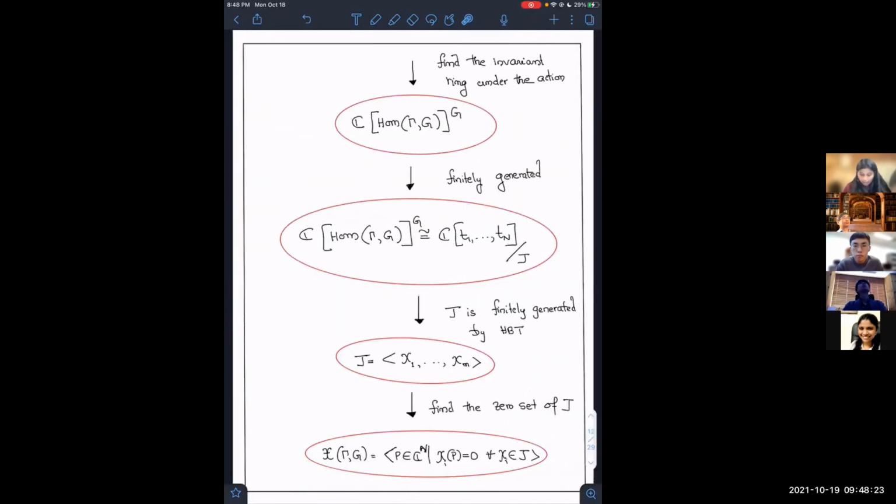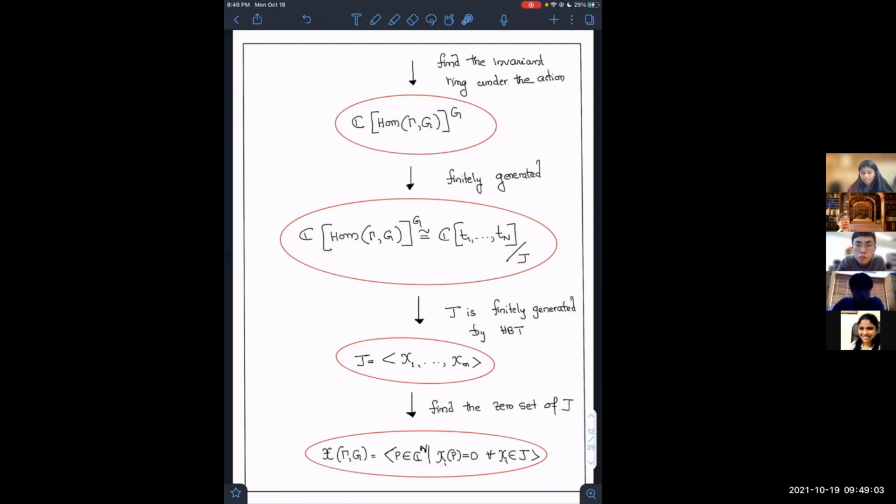Once we have this ideal J, we are looking at the zero points of this variety over complex numbers. The variety also comes with an additional structure called a sheaf, which I didn't go into detail about.